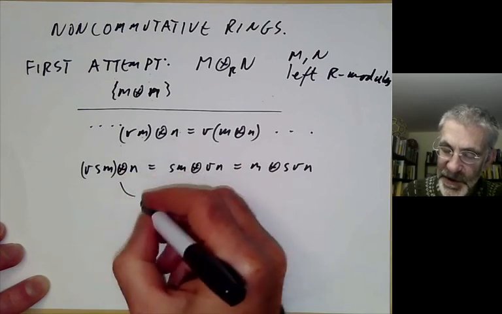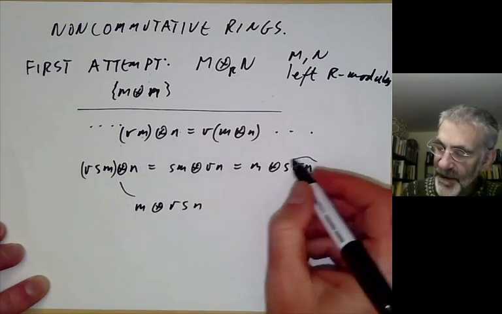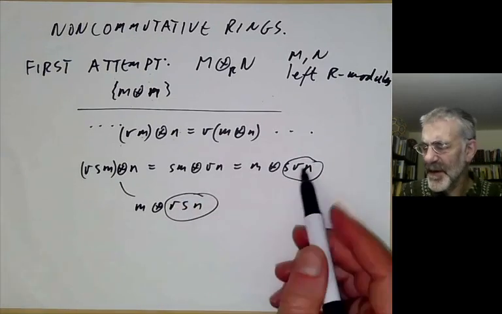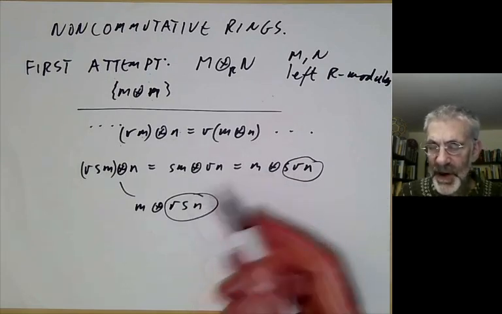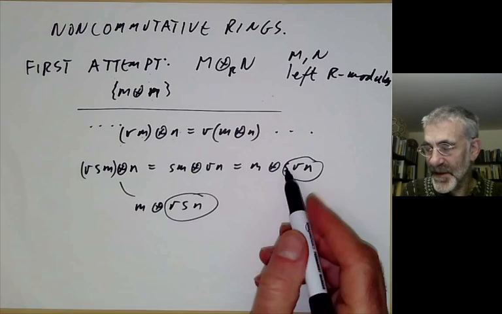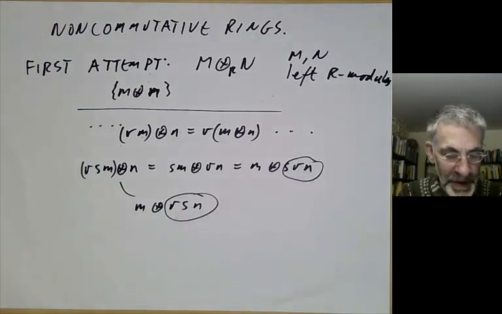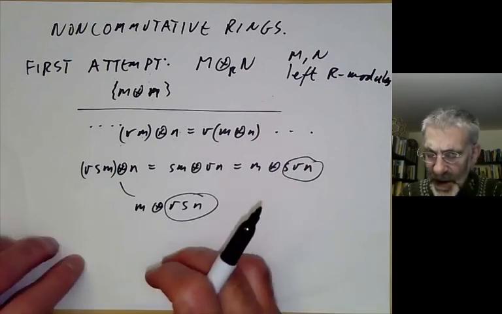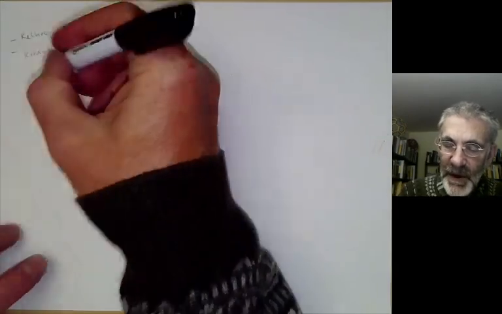On the other hand, this should also be equal to m tensor rsn. And if we compare this with this, we see that our tensor product is going to be collapsing a bit too much. It more or less forces the elements of the ring R to act in a commutative fashion on these modules. So that doesn't really work in a very satisfactory way. So we can have a second attempt.